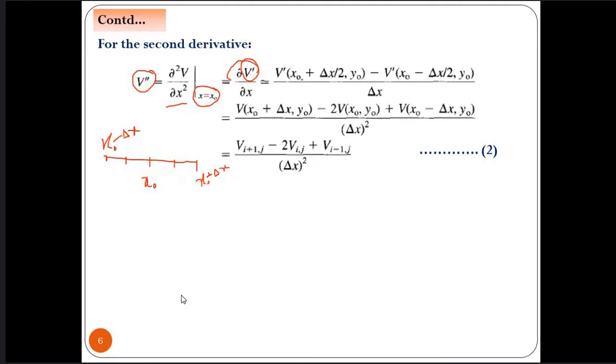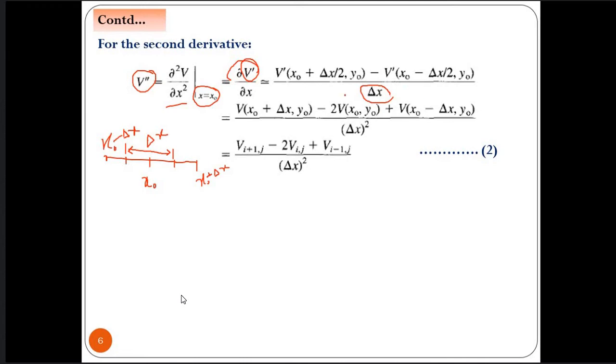That's why it becomes v dash of x0 plus del x by 2 comma y0 minus v dash of x0 minus del x by 2 comma y0, divided by del x. Why del x? Because now it is the double derivative. The total distance between the two points, from x0 minus del x by 2 to x0 plus del x by 2, is del x.